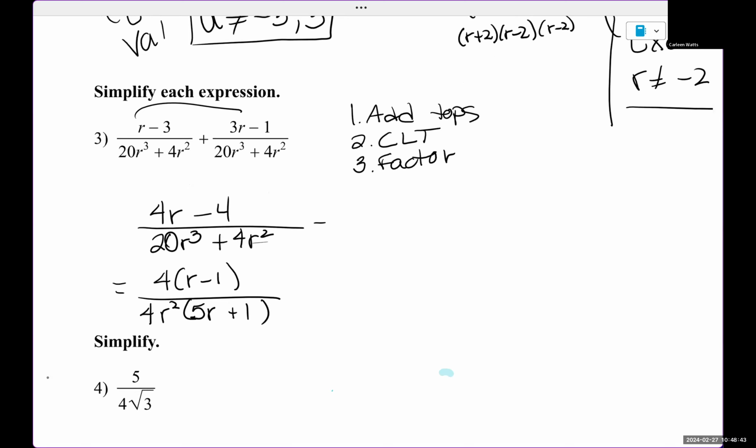Cancel the 4's. So I have r minus 1 over r squared times 5r plus 1. So add the tops, combine like terms, factor, and cancel.